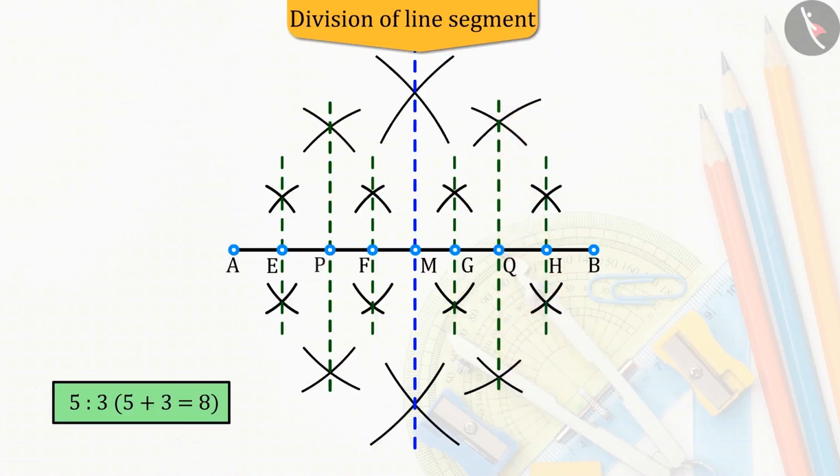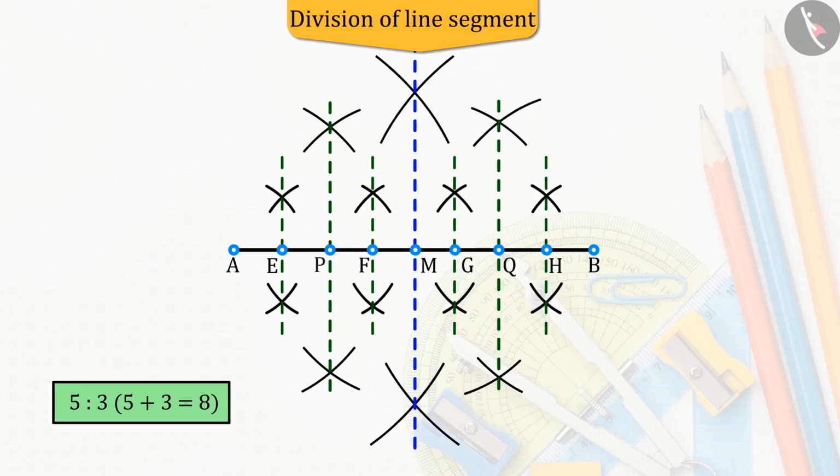Also, we have to find a point that divides the line segment into 5:3. It will be difficult to do this, and there are more chances of mistakes in this method.